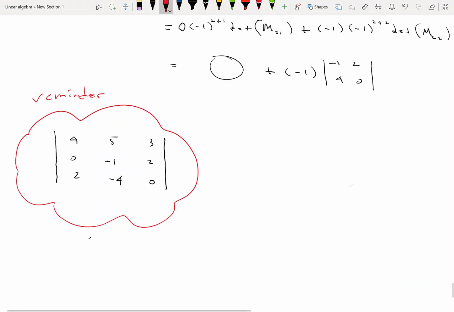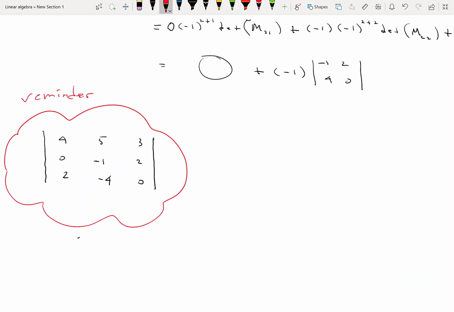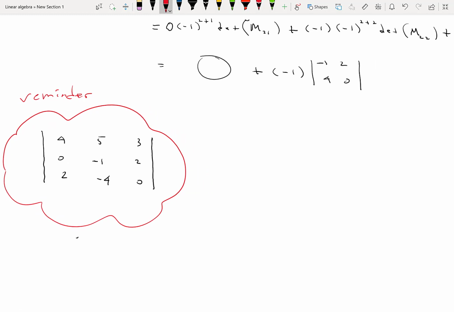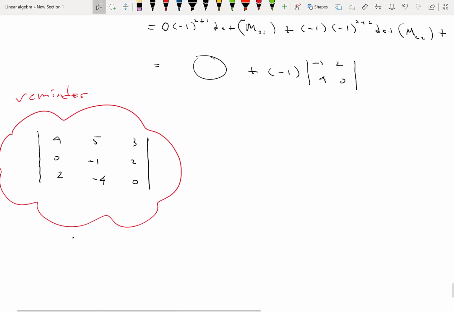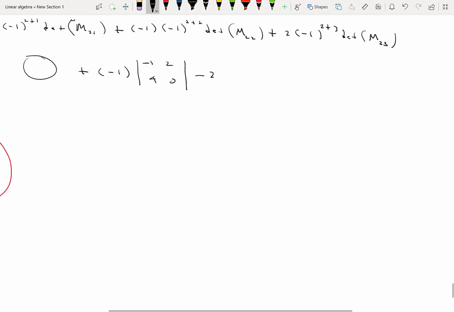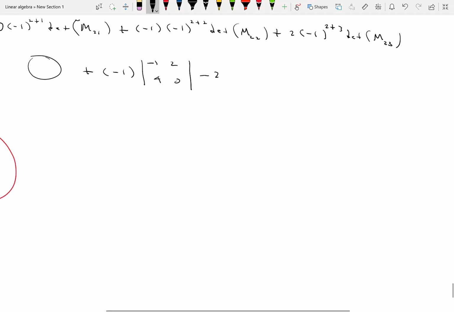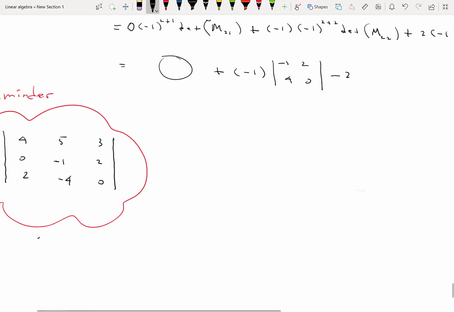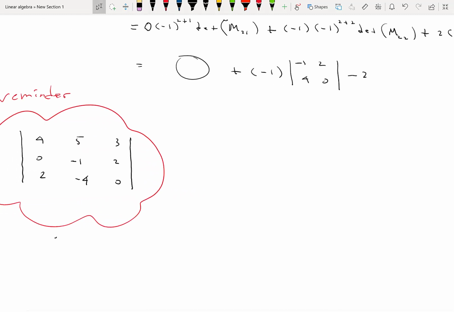There's a little video magic to remind us what our determinant was. Plus, continuing on, negative 1 to the 2 plus 3 is -1, so -2 times the determinant of the 2,3 minor of A. The 2,3 entry, second row, third column, is 3, 2, 0.